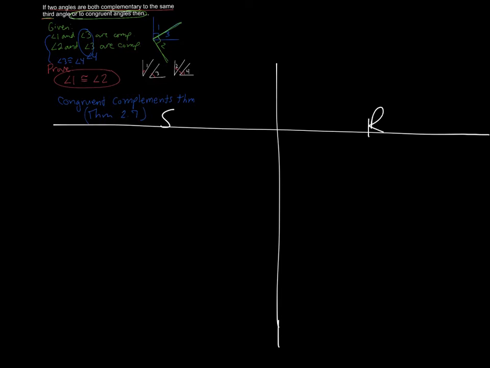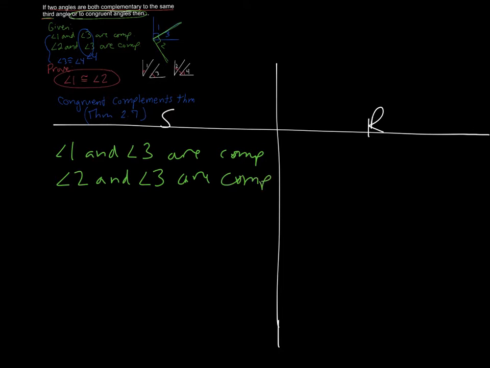Given information was angle 1 and angle 3 are complementary. And then angle 2 and angle 3 are complementary.